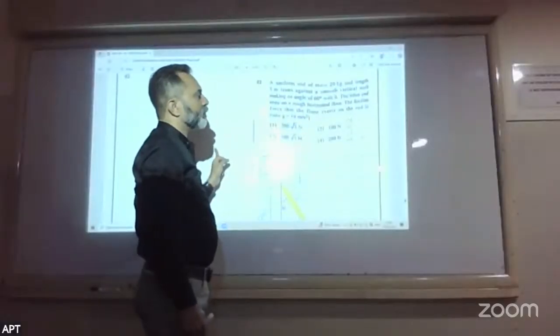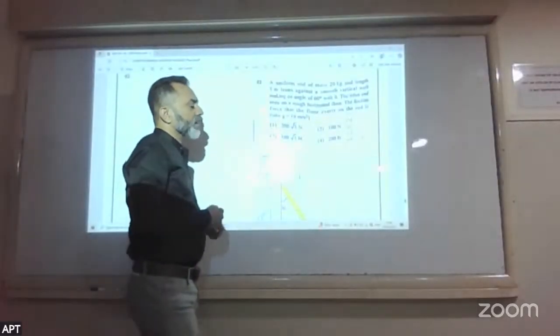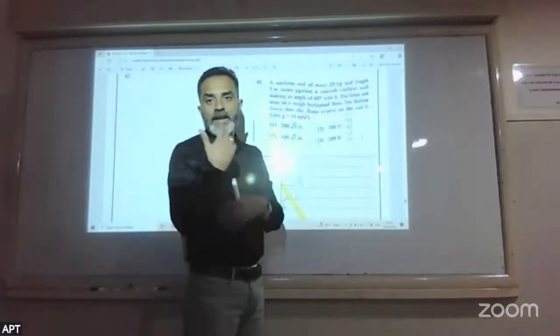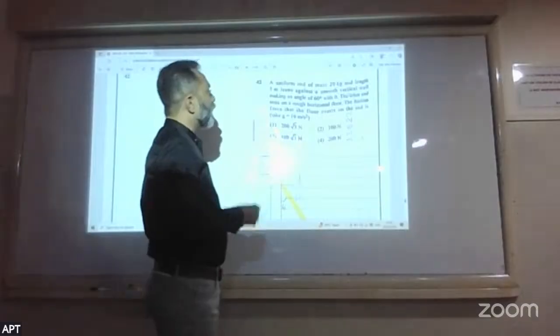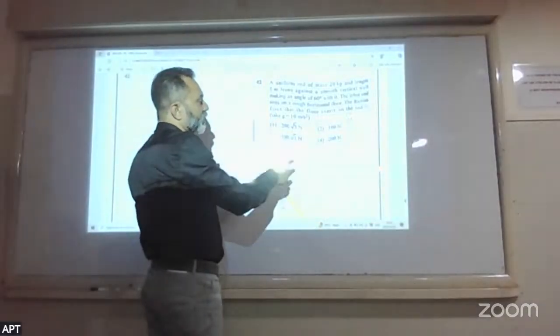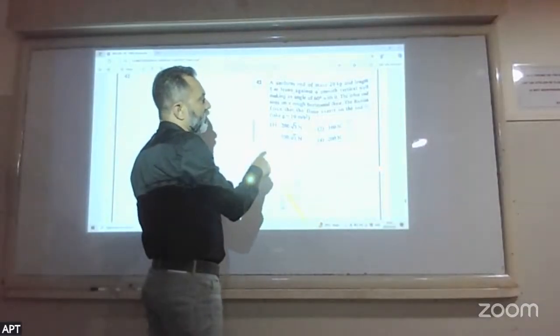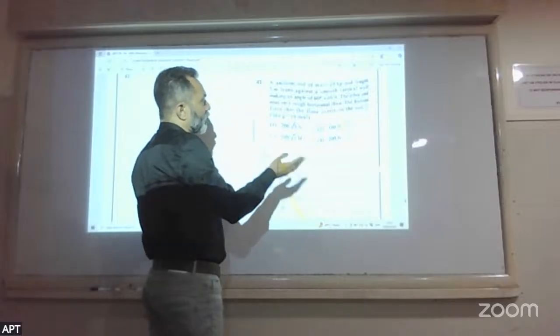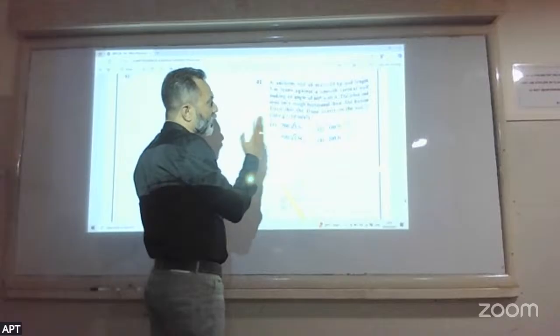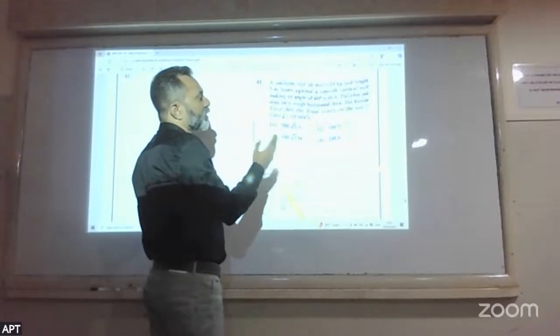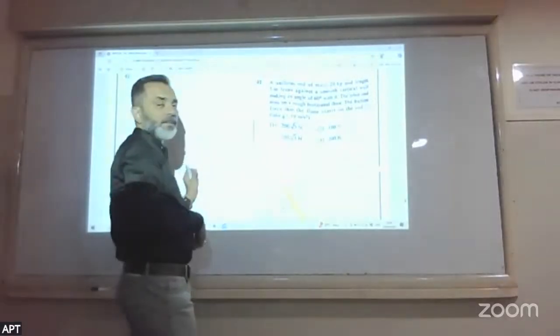42. A question from friction, or I can say laws of motion, or rotation. A uniform rod of mass 20 kg, length 5 meter, leans against a smooth vertical wall, making an angle 60 degree with it, the other end resting on the rough horizontal floor. The friction force that acts on the rod will be?